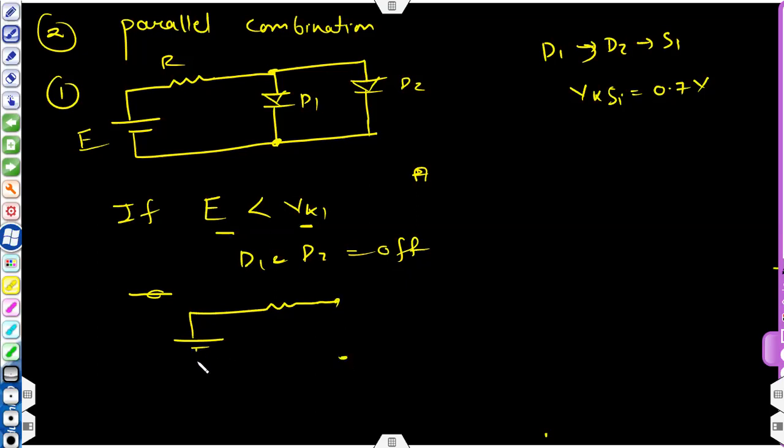Simple, like this, open circuit, and I is 0.